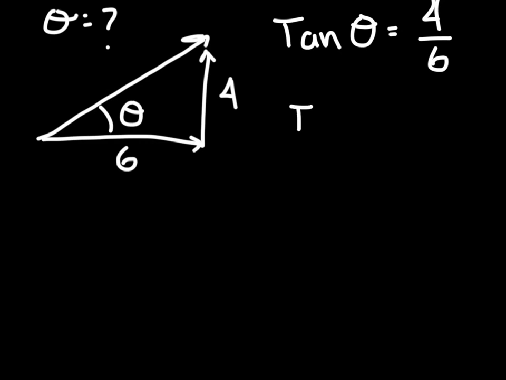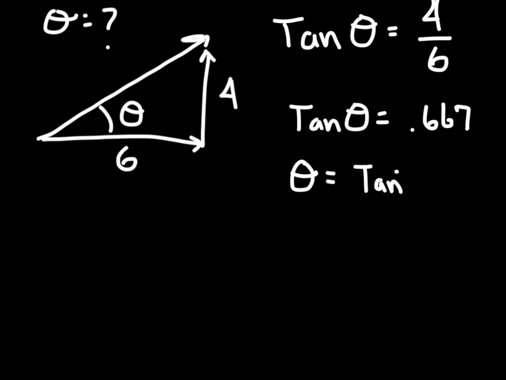So, if we were looking to actually get the angle measurement of angle theta, knowing that tan theta is actually equal to 0.667, what you have to do is do something called the inverse tangent. So you will say that theta will be equal to taking the tan inverse, which is a little -1, of 0.667.